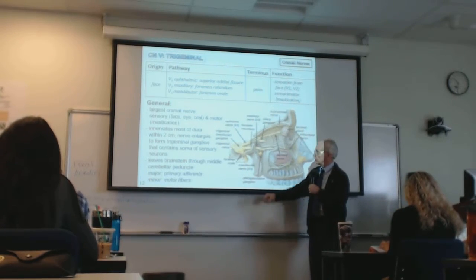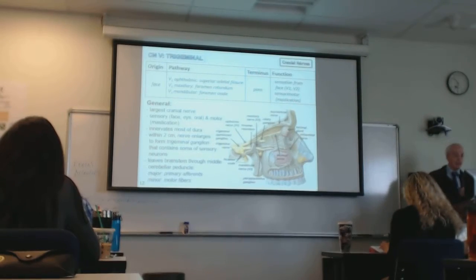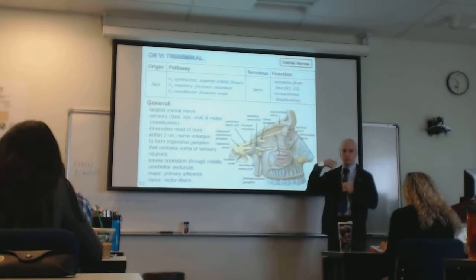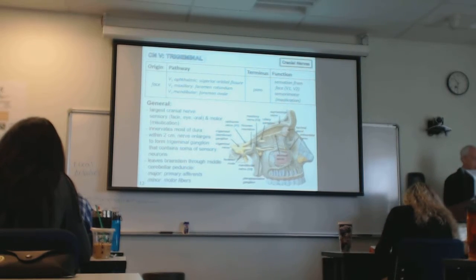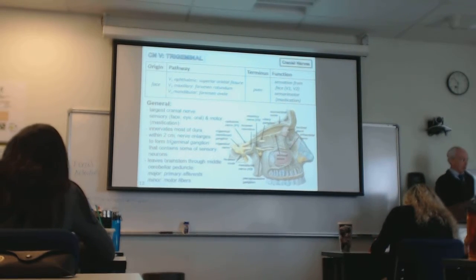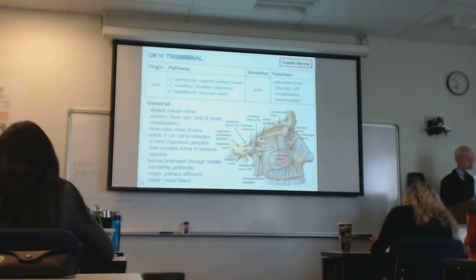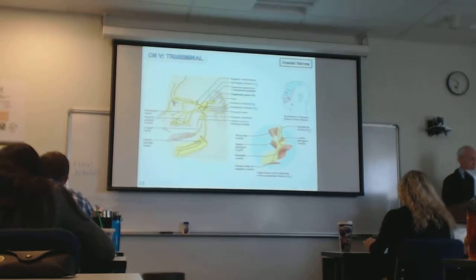It is predominantly sensory with the mandibular, including efferents to move the muscles of mastication. Chewing muscles. And the largest cranial nerve, basically affords sensation from the entire face and much of the mucosa. And then it passes through that cerebellar pedicle that we talked about between the nucleus and the ganglion.